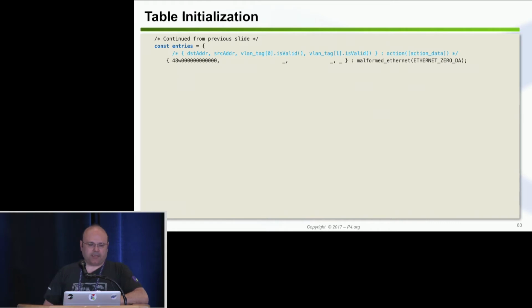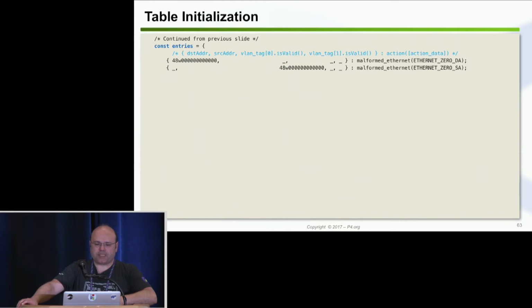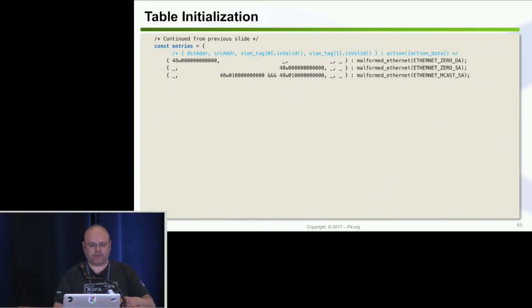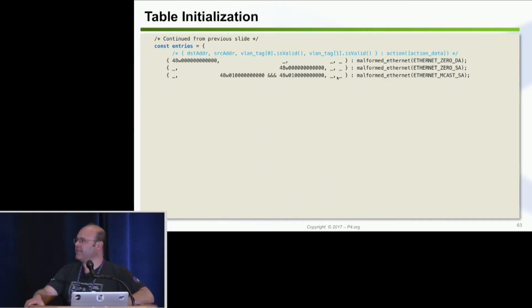And you can say, well, if my destination address is all zeros, that packet, as we know, is invalid, so we'll mark it as malformed. If my source address is zeros, it's also a malformed packet. If, for example, the source address is a multicast address, so bit 40 is 1, it's also an invalid packet, so we classify those.